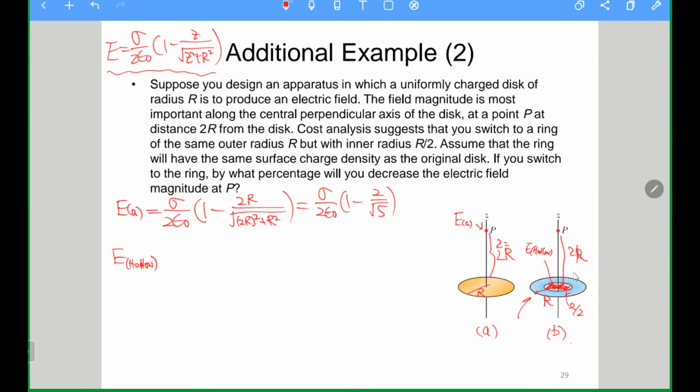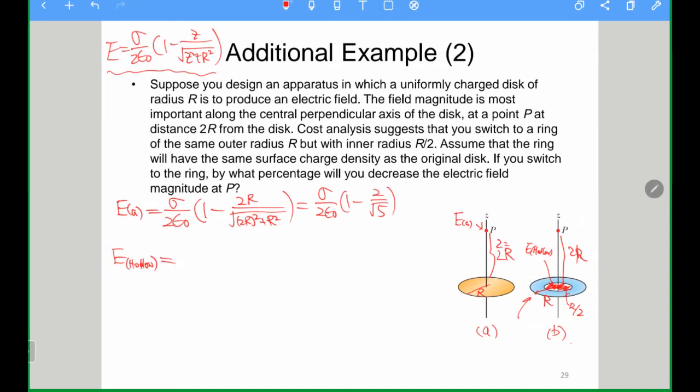Actually, we don't really need to calculate the E field of the ring, because we would like to calculate what percentage you decrease the E field magnitude at P, which means we calculate the E field generated by the hollow part, and then divide by this one will be the percentage you decrease.